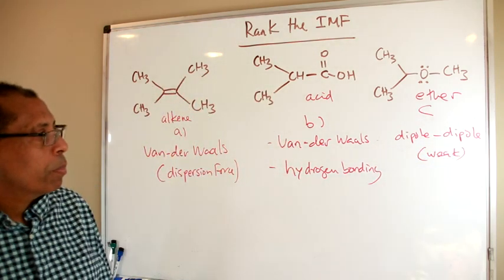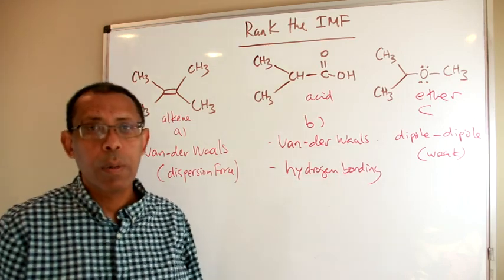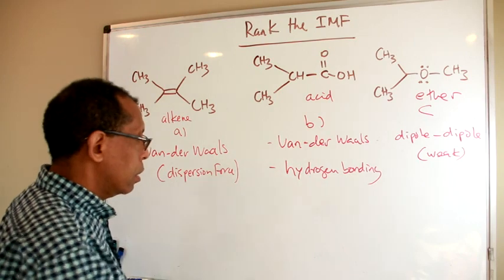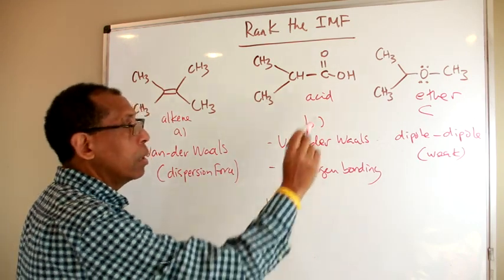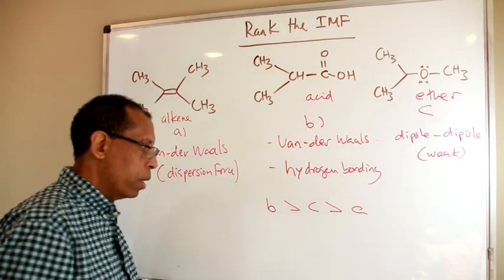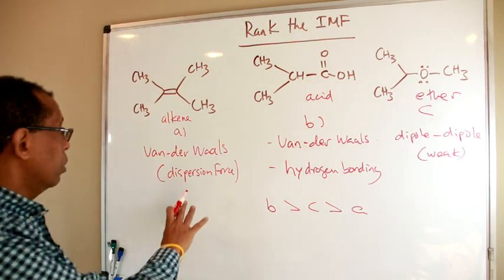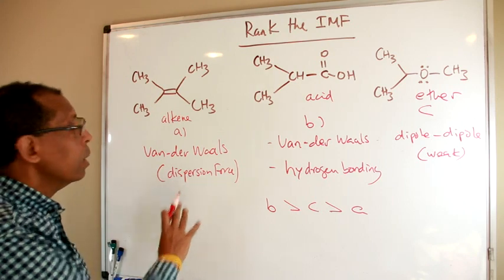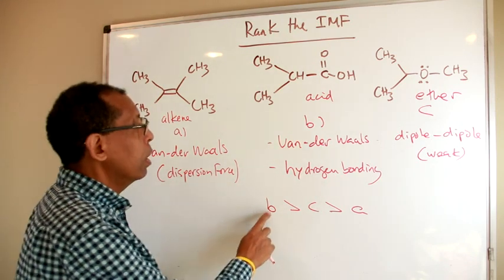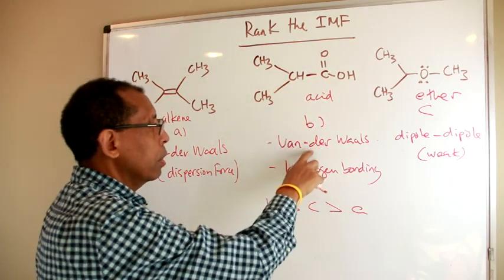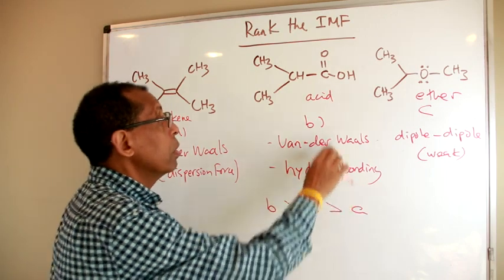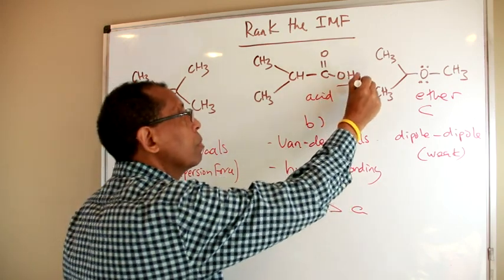So when we compare all this and rank them according to the strengths, B is the greatest. B is much greater than C and much greater than A. So the weakest intermolecular forces, I would say, would be in compound A, which is just an alkene, but compound B has van der Waals forces plus hydrogen bonding through this OH.